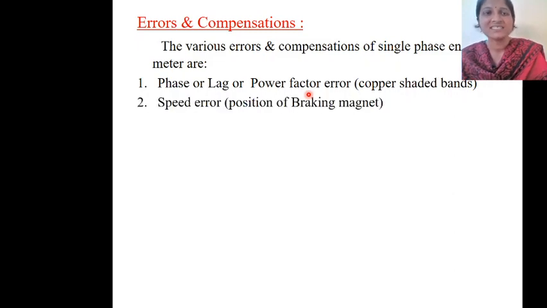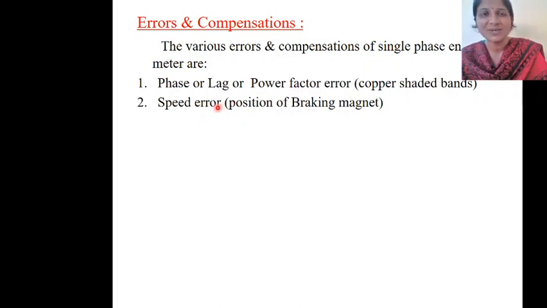The second one is speed error. Sometimes the disc will rotate too fast. If the disc is rotating too fast, a lot of energy will be recorded, the meter reading will be very high, and you need to pay too much money. That error is called speed error.